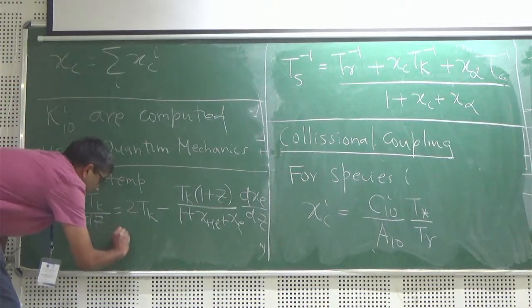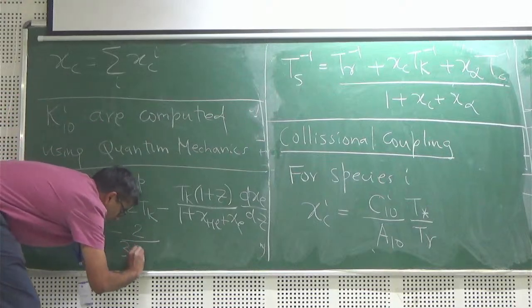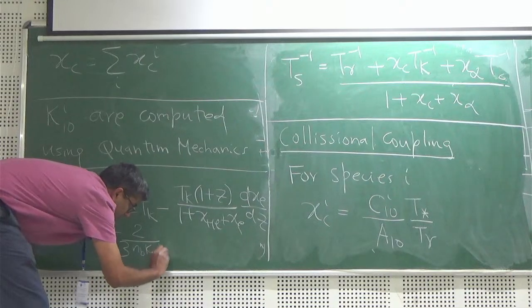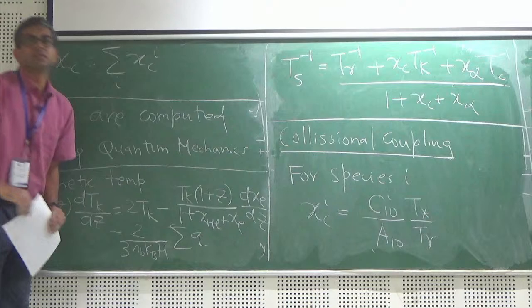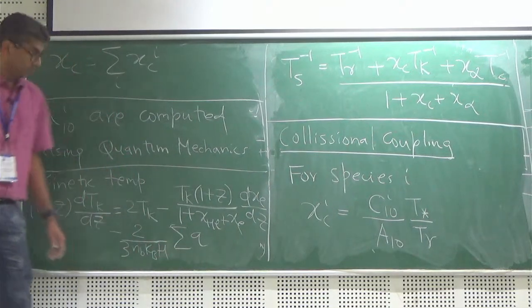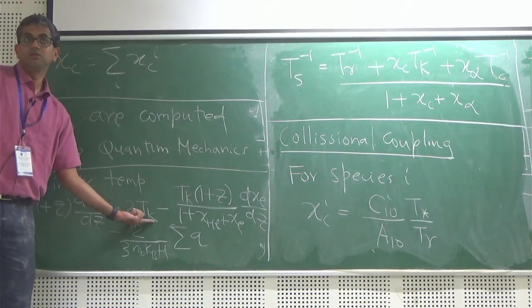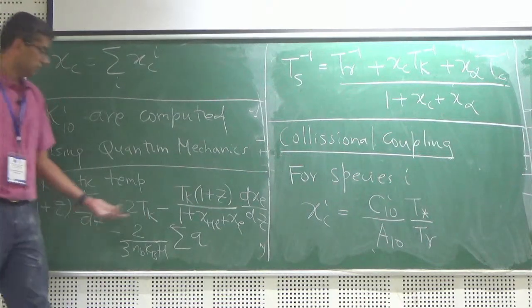And then finally, you have the most important astrophysical term, which is a summation over all heating and cooling terms that you want in your model. Okay, so this is the adiabatic cooling term which always exists, the lambda CDM universe.